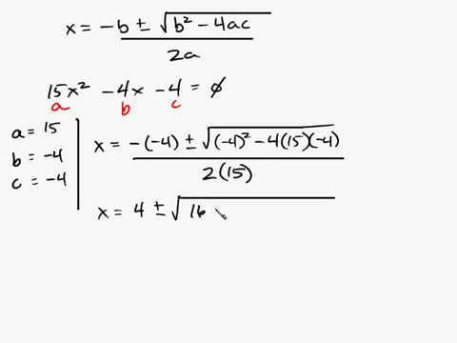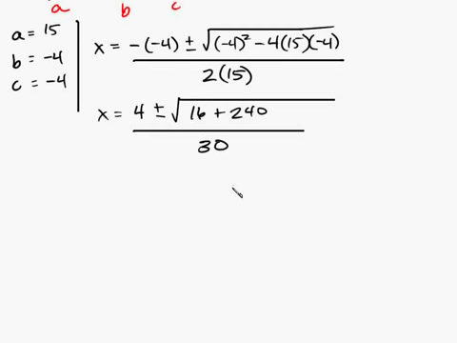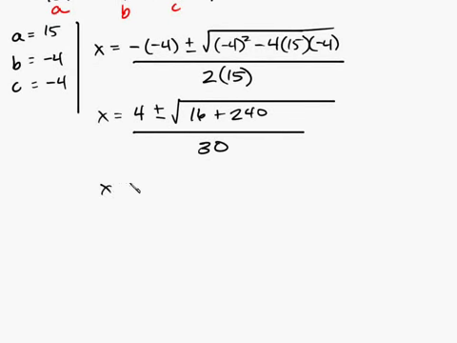So this is going to be a plus 240, and this is all over 2 times 15, which is 30. Okay, so now we can simplify some more. You get x equal 4 plus or minus, and you add these two together, you get 256, and this is all over 30.